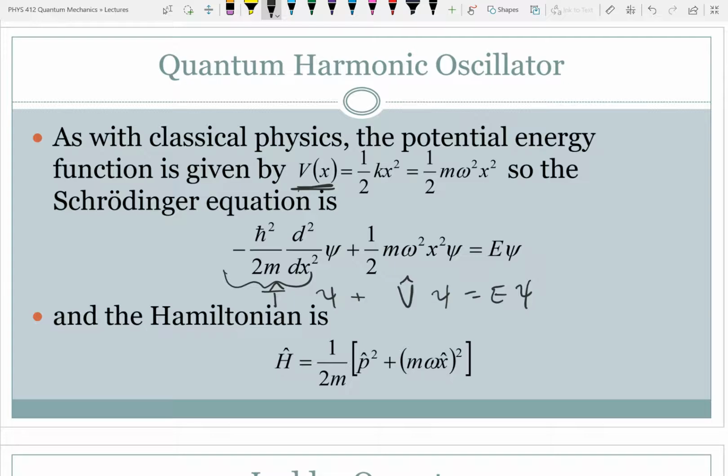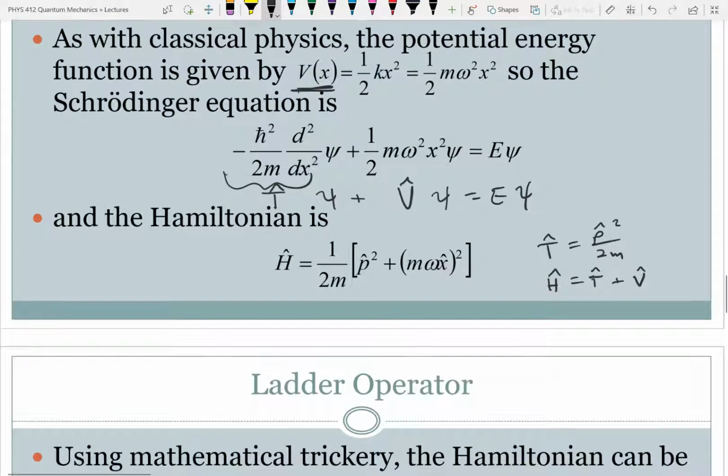And my Hamiltonian, which is my operator for the total energy, is kinetic energy plus potential energy. The kinetic energy operator is P operator squared over 2m. And so the Hamiltonian is the kinetic energy operator plus the potential energy operator, and that's what we have here.